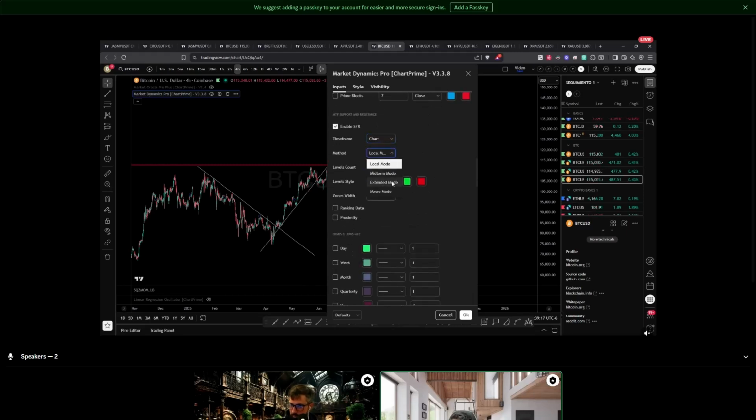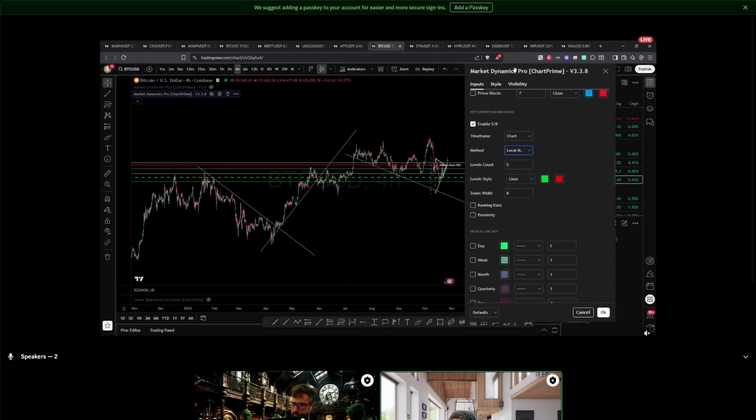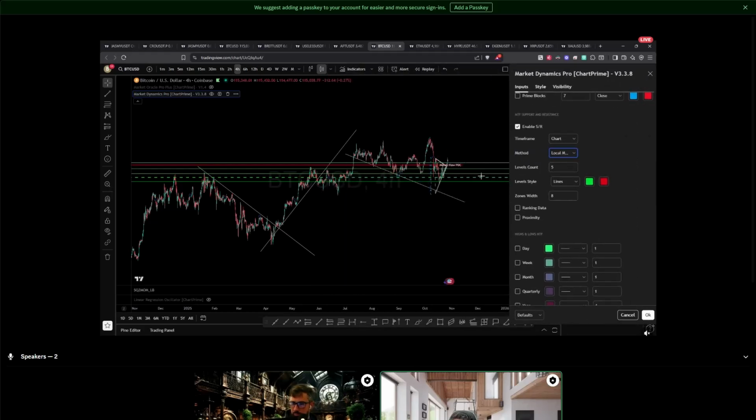Method, this is just basically how big of a range you're going to be looking for. For example, right here, look at that. It's local. So it takes the last price action and tells you what is the most important support and resistances based on the price action that you're seeing right here. I like to change it to midterm, because this is going to make it bigger.